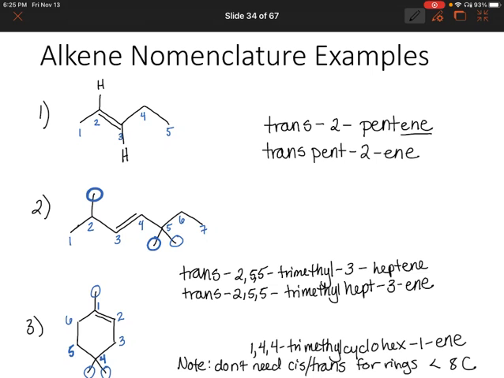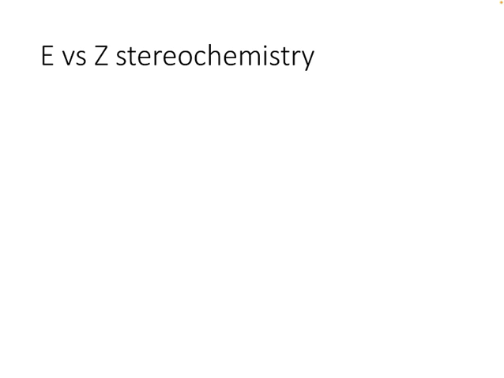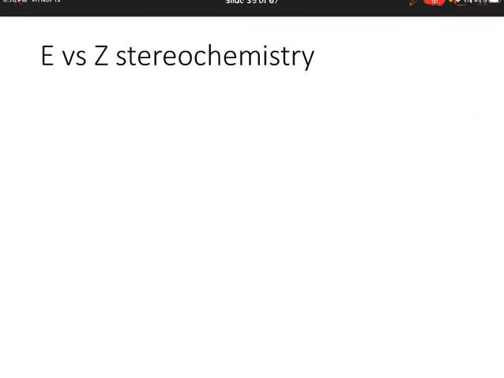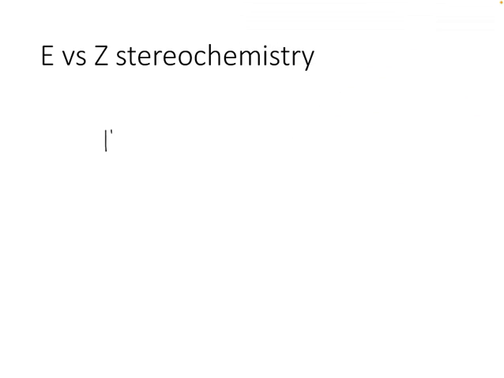All right, and then let's just review EZ nomenclature a little bit. It's been a while since we've gone over E and Z. So let's say that we have the following molecule.